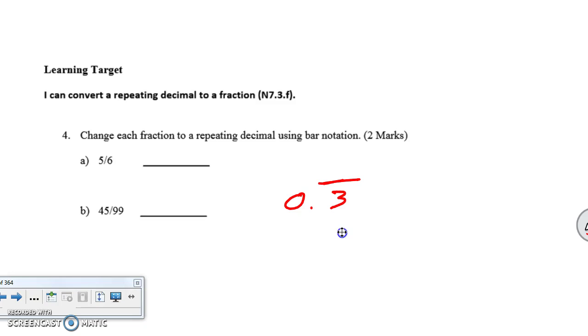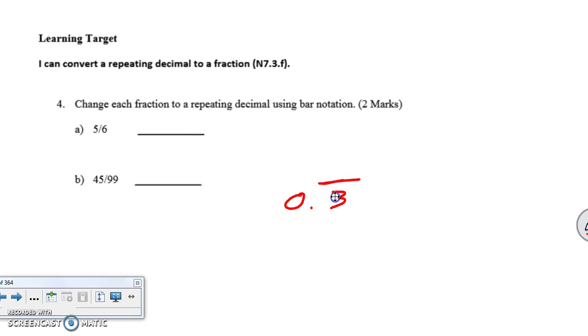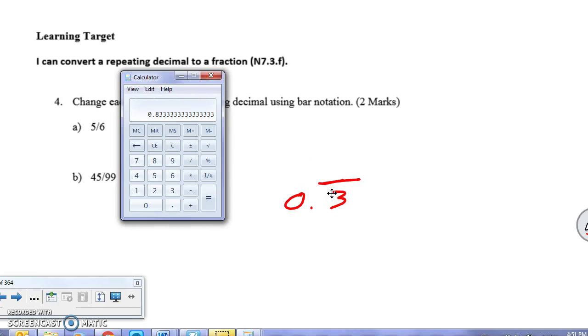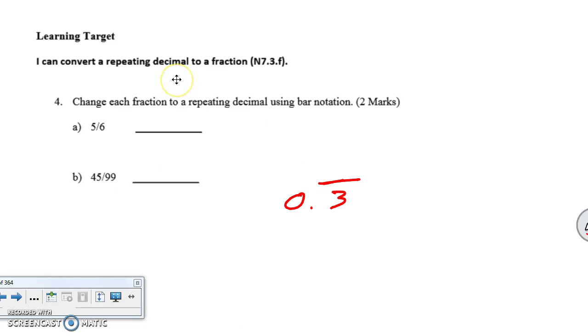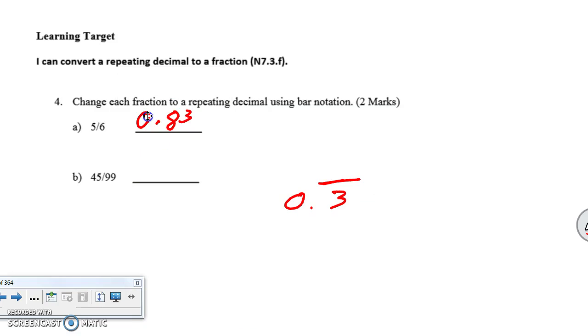So you can do your division here, and I'll start with A. So I have 5/6. Well, I take 5 divided by 6, get my decimal, and I have 0.83. And if I pull that up again, you'll notice that it's 8, and the 3 is the only number that repeats, so my bar just goes over top of the 3.